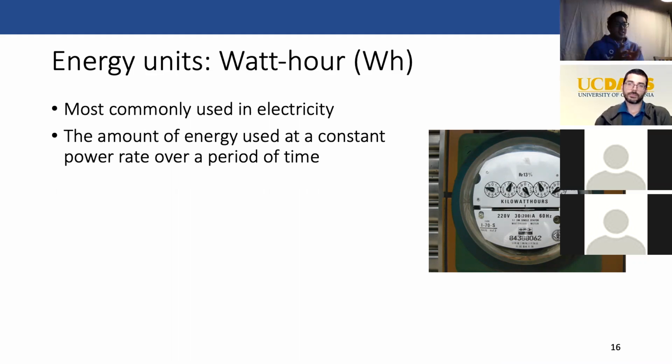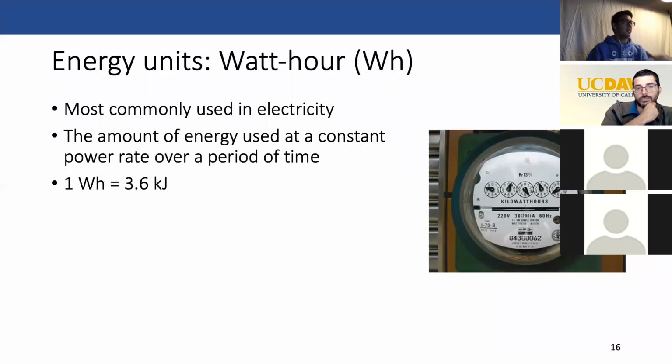So if you've seen a light bulb before that has a 10-watt rating, that means that when you turn the light on, the power it consumes is 10 watts, which is equivalent to 10 joules per second. If you multiply power by time, which is the hour, then you get back to energy. And it's a convenient way of measuring levels of energy that are common in electricity.